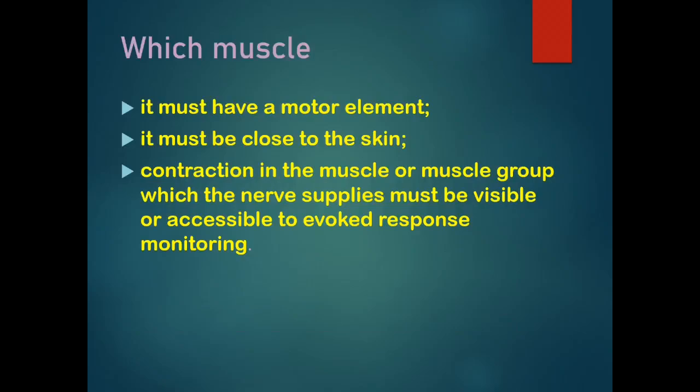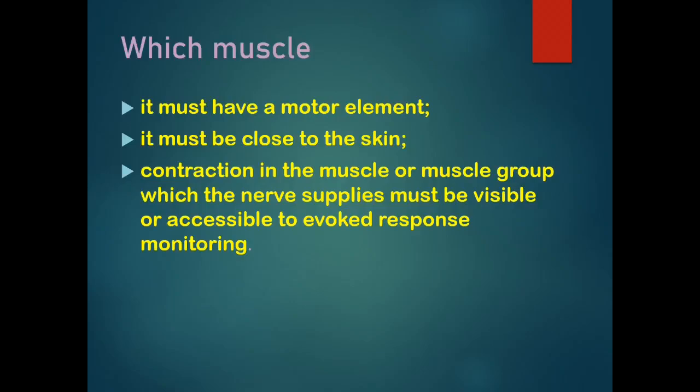Now, which are the muscles? In order to produce an effective muscle contraction, you should select a particular muscle. So, what are the dictums that you need to accept? One, it should have a motor element, that is, the nerve that innervates the muscle has to have a motor element. Next, it should be close to the skin for the nerve to be stimulated.